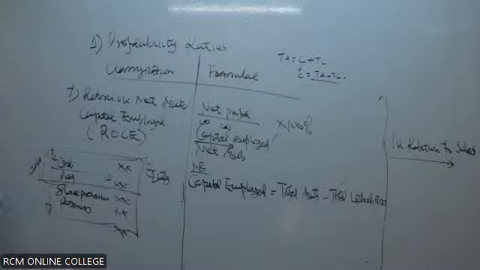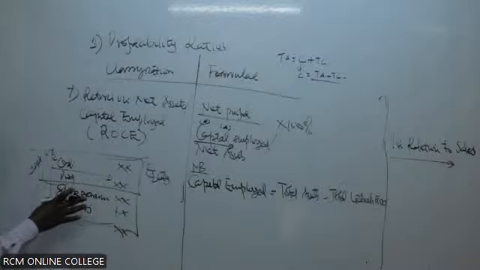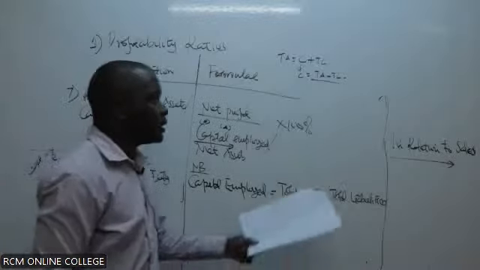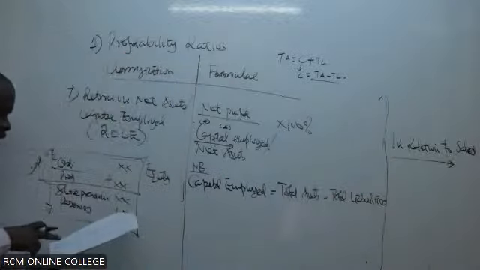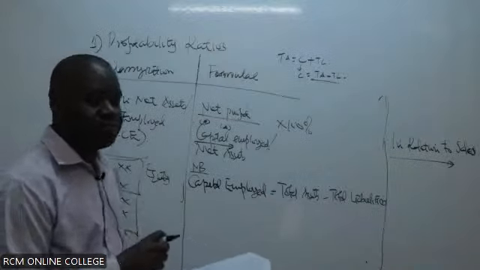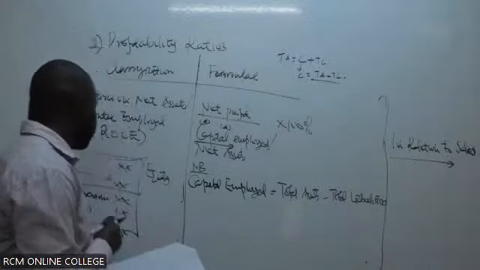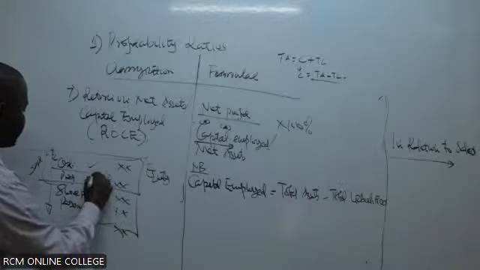Take note that when you talk about the capital employed, we are ideally talking about the capital component in the balance sheet. That's why we take the total assets minus the total liabilities. For return on equity, we only considered the shareholders' funds, contributed by selling ordinary shares and preference shares.